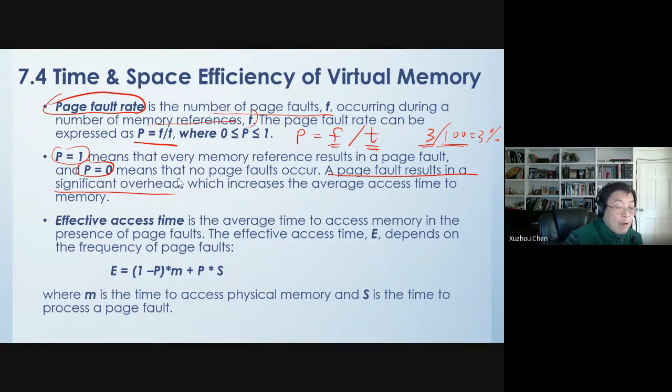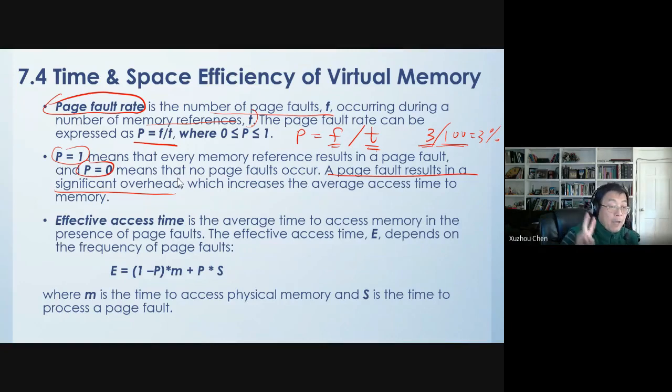If the page is not updated, then you don't have to do that. You can just simply discard it. However, the page fault can also involve loading the page from the backing store, the hard disk, into the physical memory. Okay.